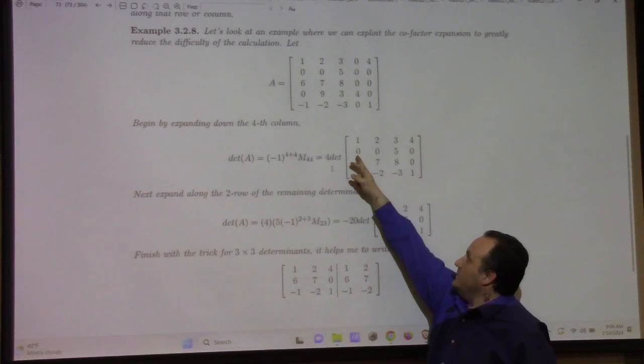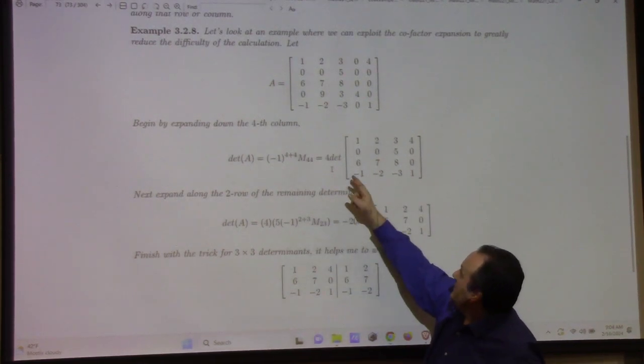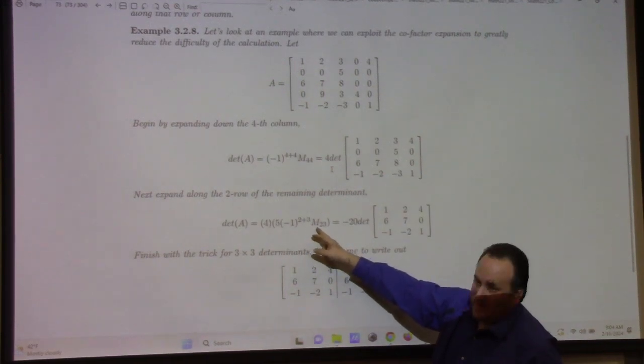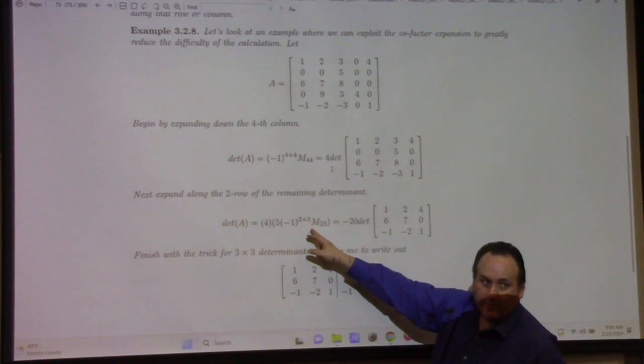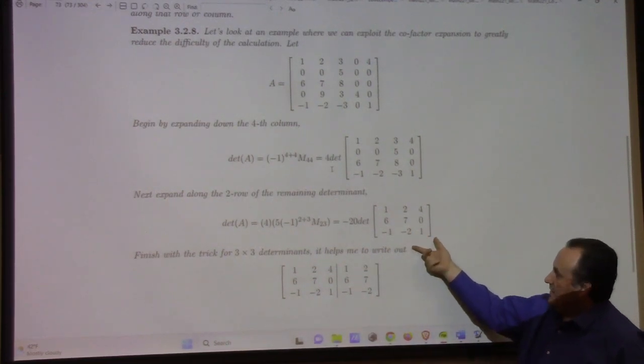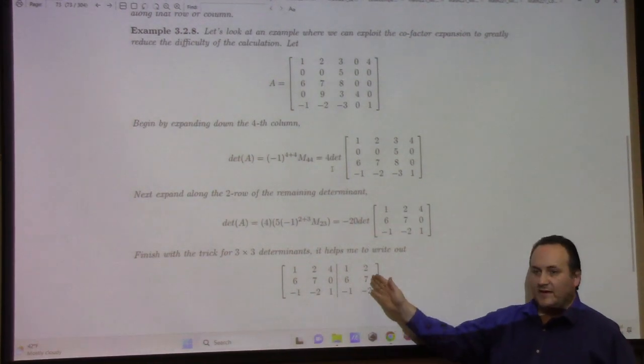So that is 2, 3. So I do -1 to the 2 plus 3, which gives me a minus. And there's a 5 here. And then M23 is my notation for the matrix with the second row and the third column deleted, which gives me that.